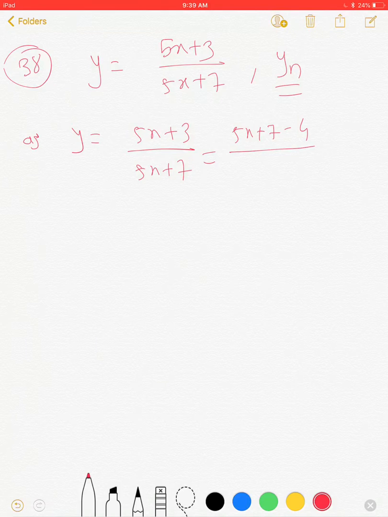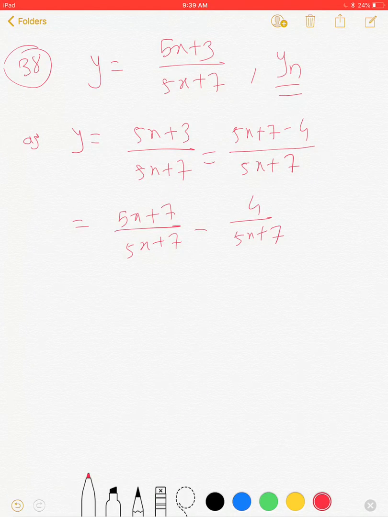So this can be written as 5x plus 7 upon 5x plus 7 minus 4 upon 5x plus 7. So this can be written as 1 minus 4 upon 5x plus 7, because 5x plus 7 upon 5x plus 7 is 1. So by using the same formula, we can find its nth derivative.